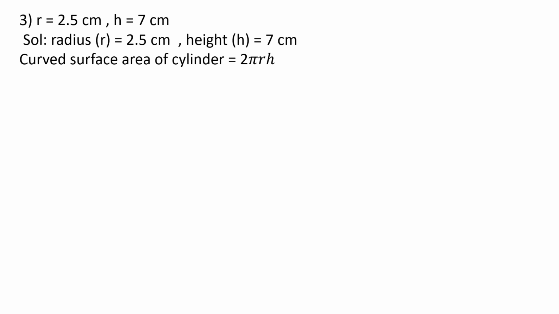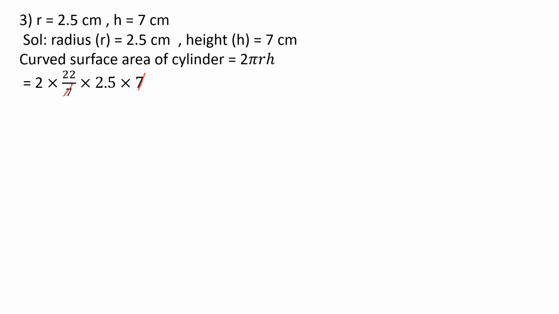So I'll write the formula, then I'll substitute the given values for radius as 2.5 and height 7 centimeter. So I'll substitute and write next step: 2 into pi value 22 upon 7 into r 2.5 and h is 7. Now student, here also the denominator will get removed, that is 7 and 7 will cancel.